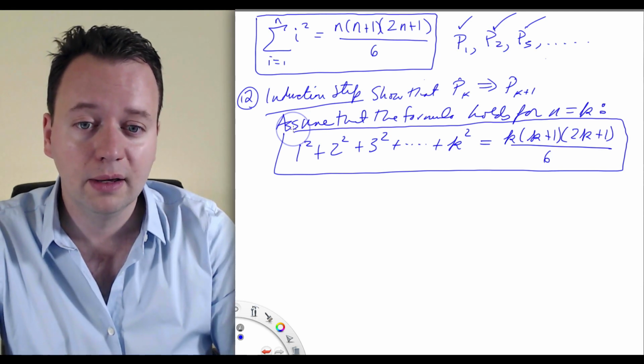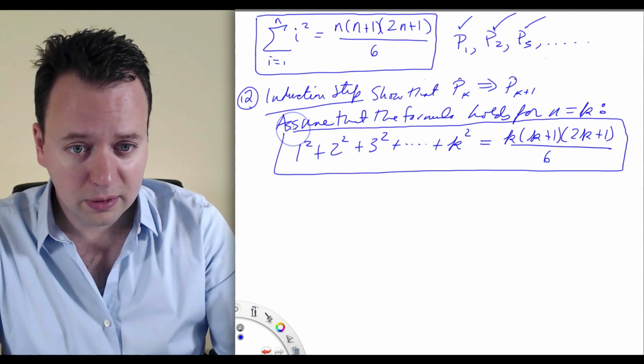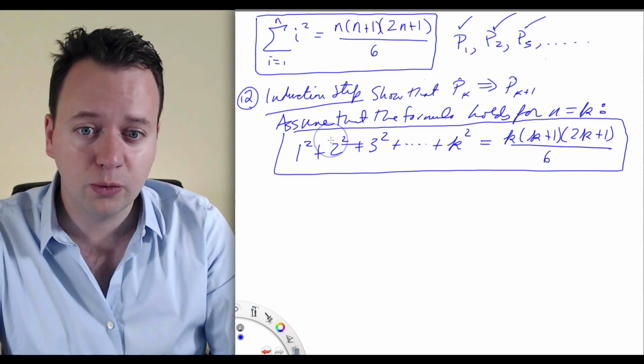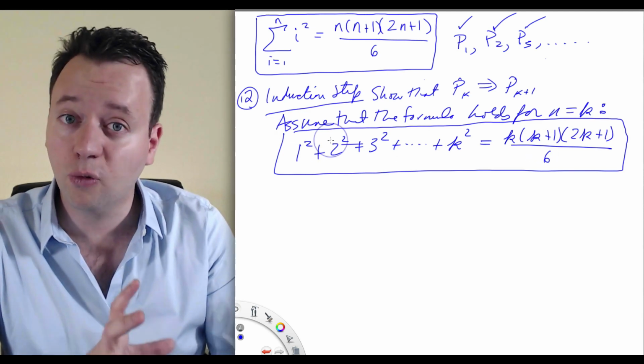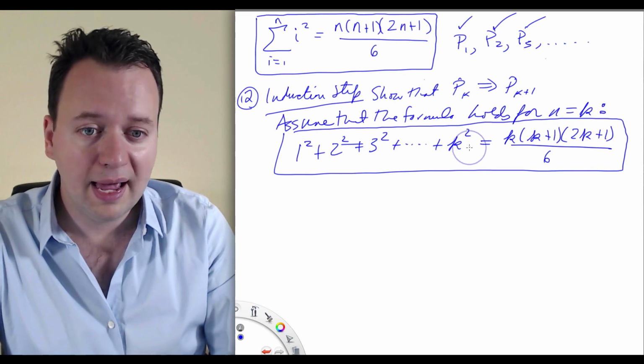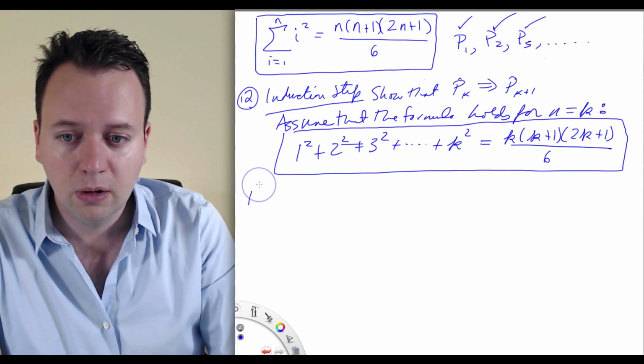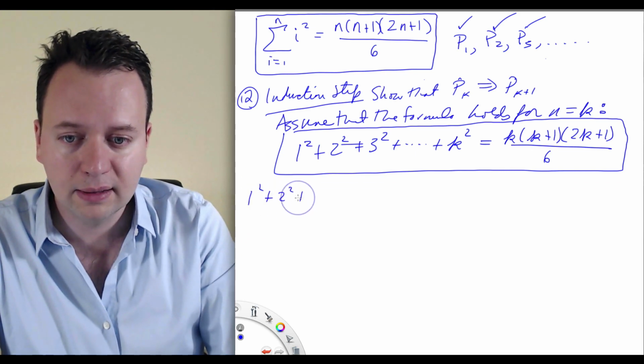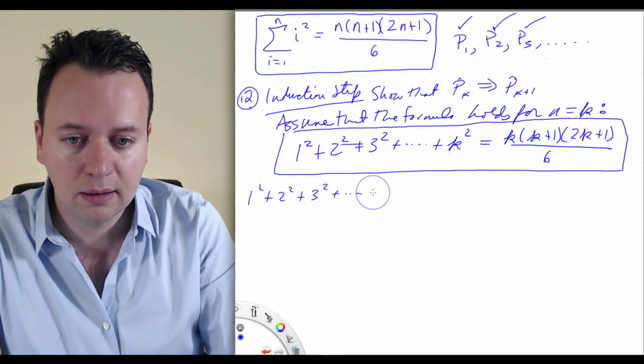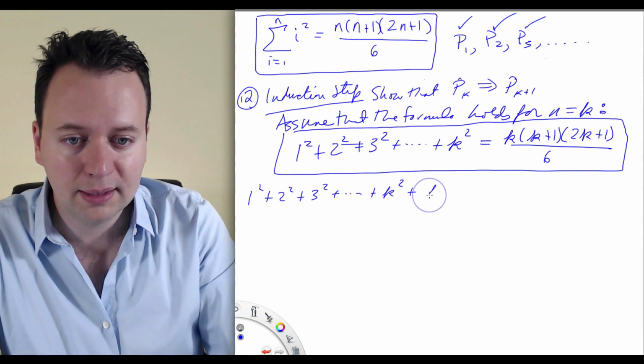So if it's true for n equal to k, will it then be true for n equal to k plus 1? The easiest thing to do is ask, how can we get this formula, which we're assuming to be true, to look like the formula for k plus 1? Well, let's add k plus 1 squared to both sides. So assuming that this is true, we can add to both sides k plus 1 squared.